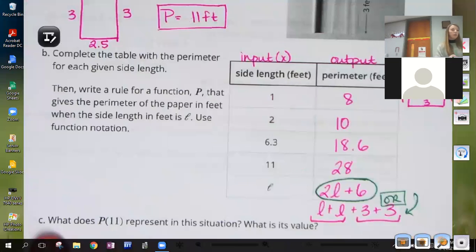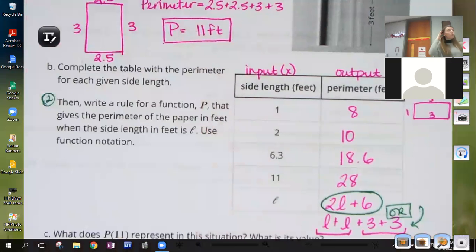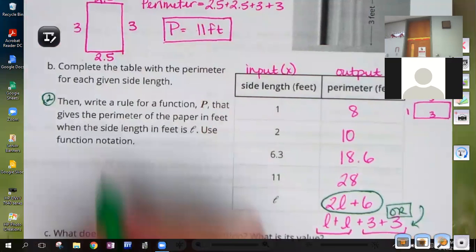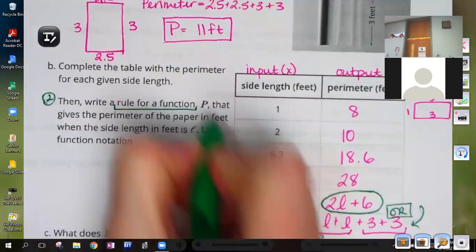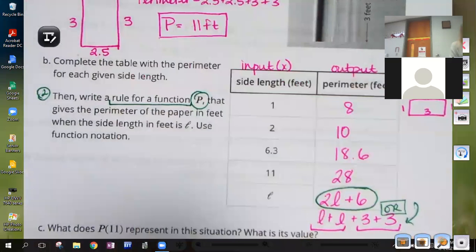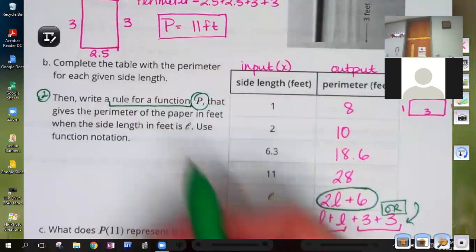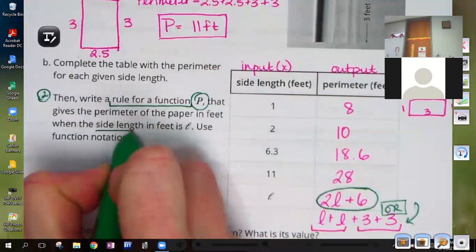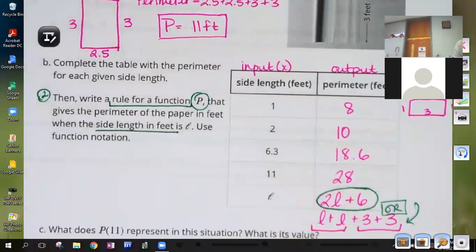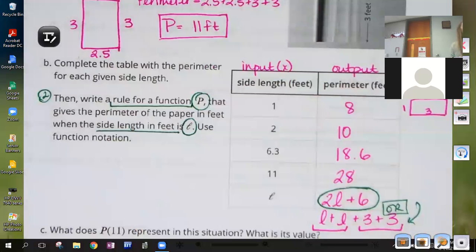Okay, now, number 2. It says write a rule for a function P that gives the perimeter of the paper in feet when the side length in feet is L. What do they want to use for our input? L, which is the side length.